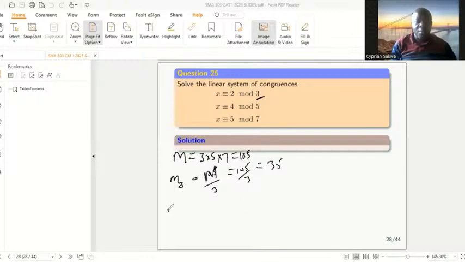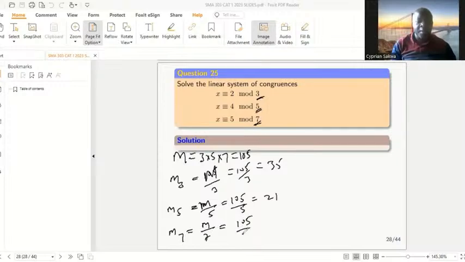Then I also get the moduli with respect to 5, m divided by 5, which is 105 divided by 5, my calculator gives me 21. Then I get the moduli with respect to 7, m divided by 7, which is 105 divided by 7. That gives me 15.